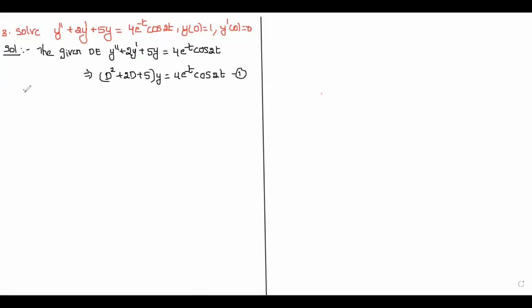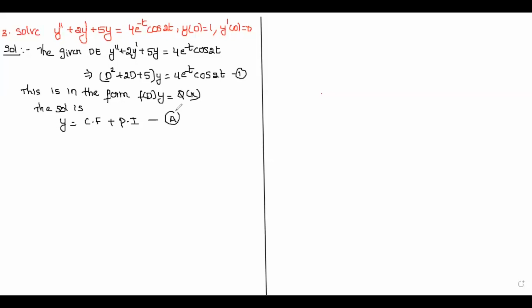Now this is in the form of f of D into y is equal to Q of x, where the solution is y is equal to complementary function plus particular integral.